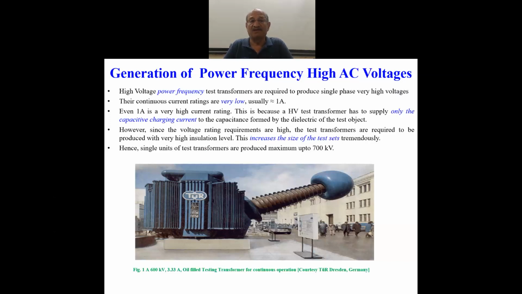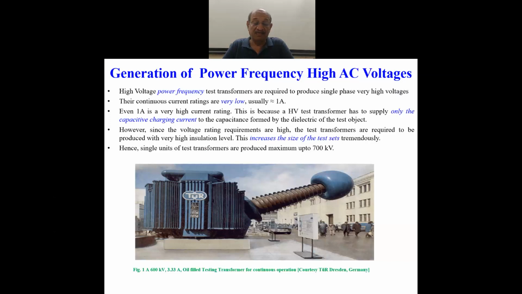You will not save on voltage or insulation. You will save on the conductor cross section, because the conductor cross section of the windings depends upon the magnitude of the current required by the testing transformer.